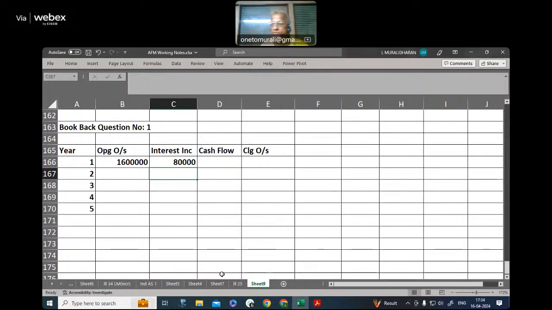Cash flow: here we are assuming installment is against principal and interest is separately paid.